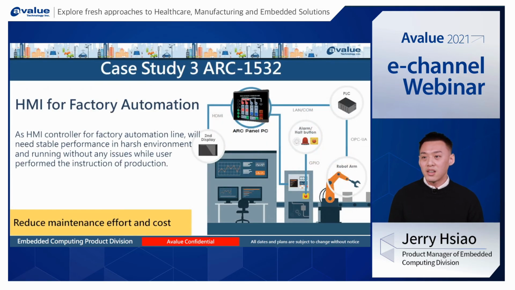Okay, next, I'd like to share our ARC product, the ARC 1532, for HMI factory automation. In this case, our ARC plays the role of a panel PC that shows the machine information. As an HMI controller for a factory automation line, we need stable performance in harsh environments and running without any issue.